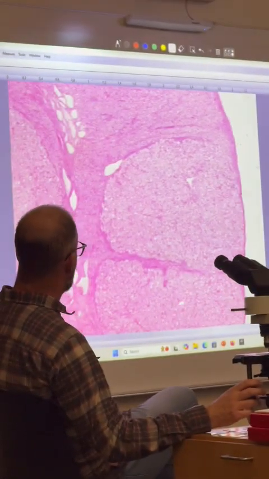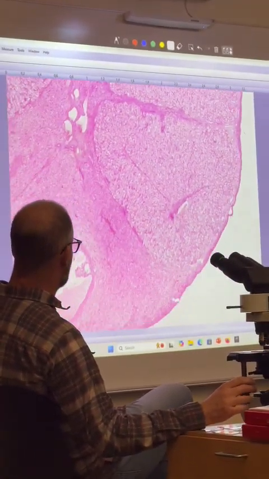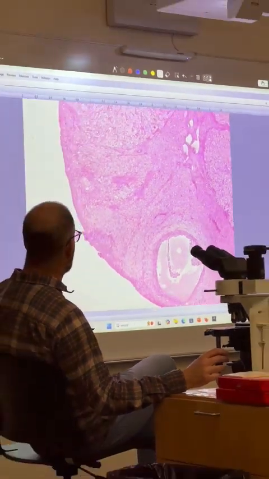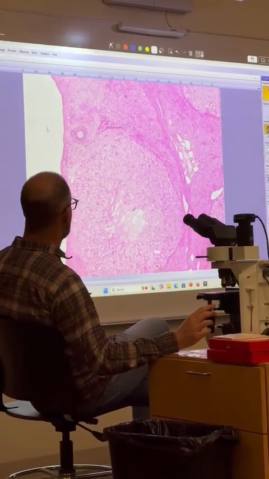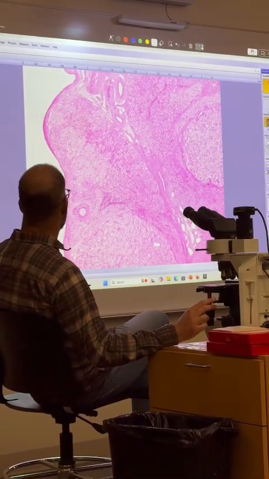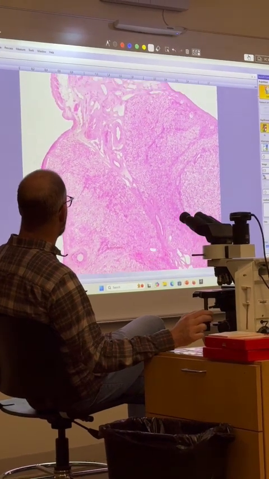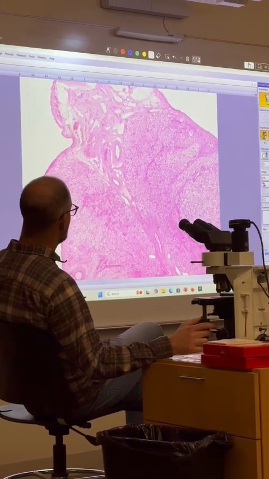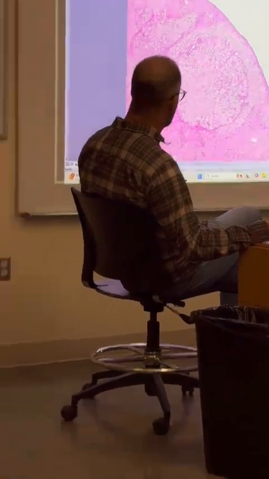This is my ovary here. You'll notice that the ovary looks different than the one that we just looked at. This one has obviously moved on to a different phase. We're no longer in that follicular phase, as it's called. We're now in what's called the luteal phase of the cycle, and there are corpus luteum that are present.